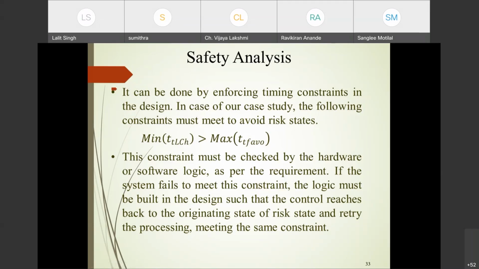And I can put this constraint so that it can be checked by the hardware or the software logic as per the requirement. If the system fails to meet this constraint, I should build a logic into the design so that the control goes back to the originating state before the risk state, so that it can retry the process and reach the safe state.